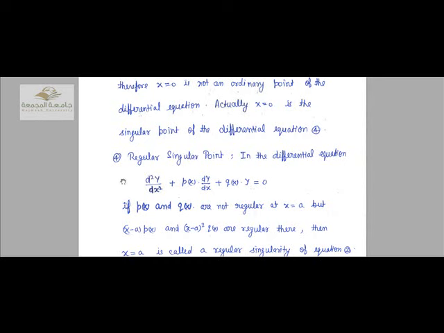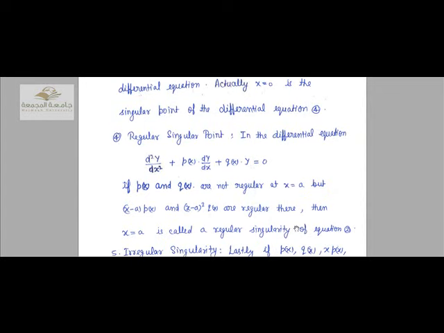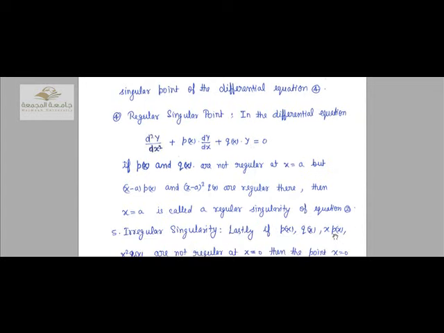Regular singular point. In the differential equation d2y over dx2 plus p(x) dy by dx plus q(x) into y is equal to 0, if p(x) and q(x) are not regular at x is equal to a, but (x minus a) p(x) and (x minus a) square q(x) are regular there, then x is equal to a is called a regular singularity of equation 2.